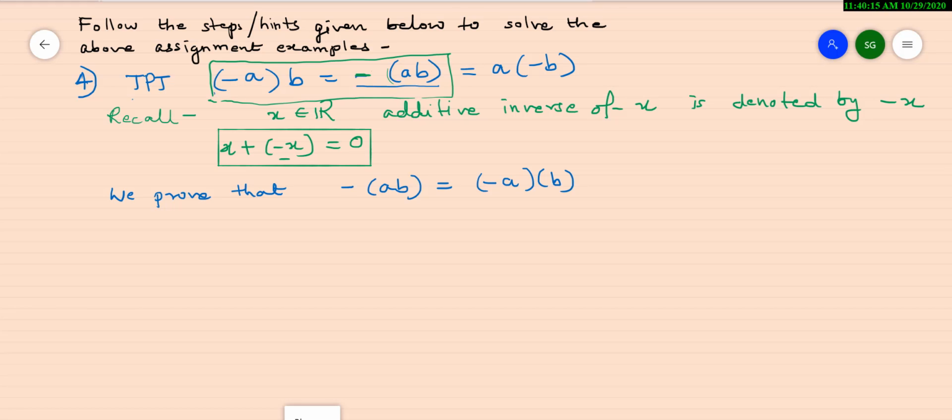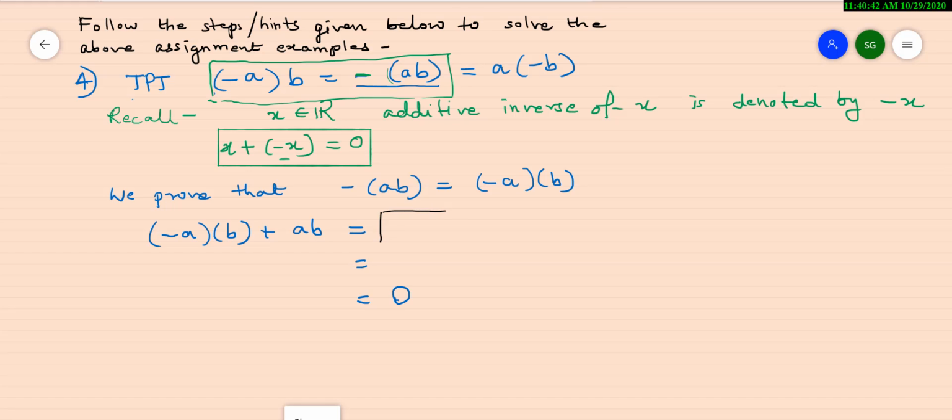So the total of minus A into B and AB is considered. And what answer should you get over here? The final answer has to be 0. So you need to complete these two in between steps. This is the first step you have to complete.